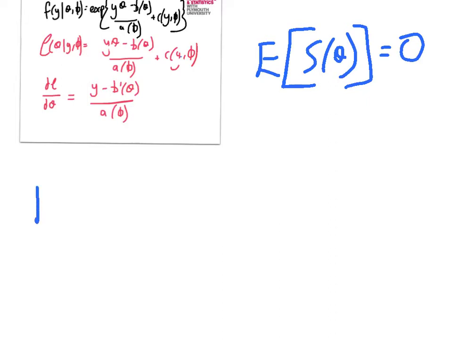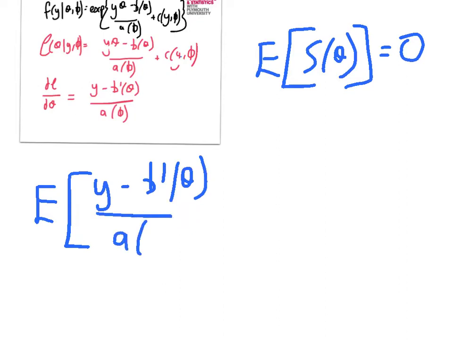So if we take the expectation of y minus b prime of theta over a of phi, we know this is equal to 0, and we can work with this and break up the parts of the expectation.